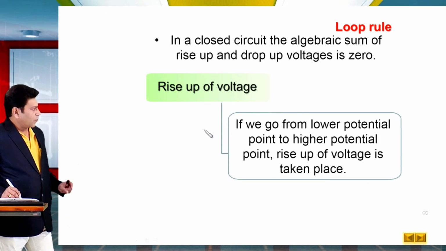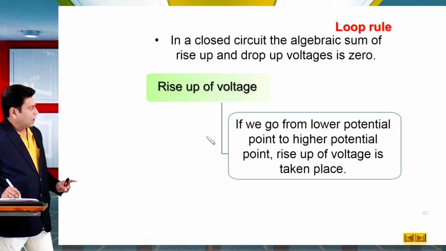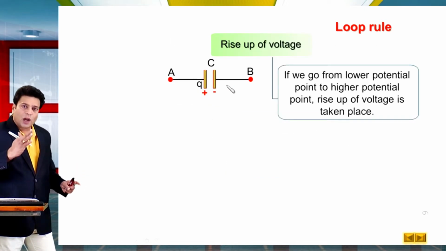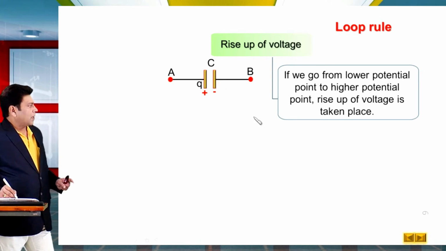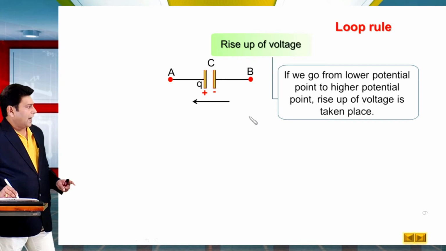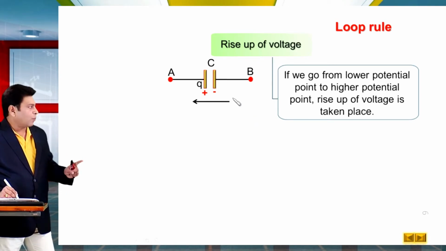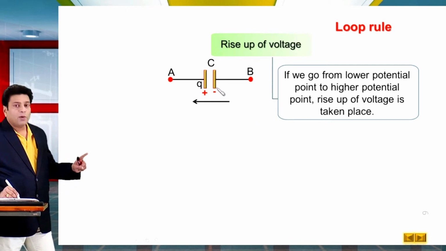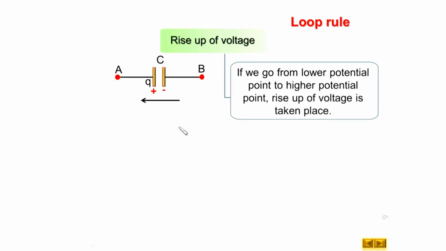In this case we need not discuss in detail, it is just opposite to the drop of voltage. We will move from point B to point A, from the negatively charged plate to the positively charged plate. So, here the rise of voltage should be equal to Q divided by C with the positive sign.